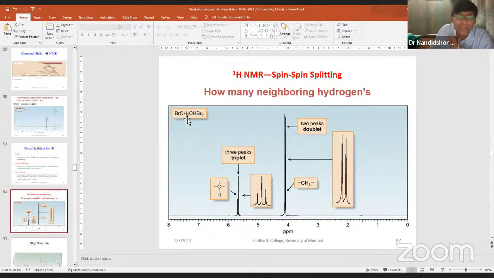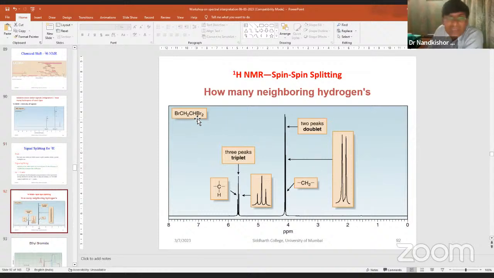The peak of CH2 is a doublet, and this is the first peak, because of the less electronegative attachment of one bromine, at roughly 4 ppm. It appears as a doublet because of the neighboring CH. According to n plus 1, if I target CH2, the neighboring group is CH, so n is 1 proton, and 1 plus 1 means 2. So 2 lines you will get.